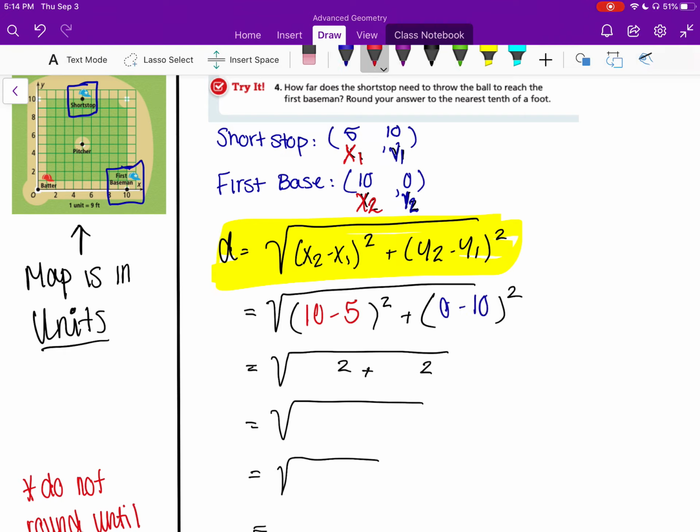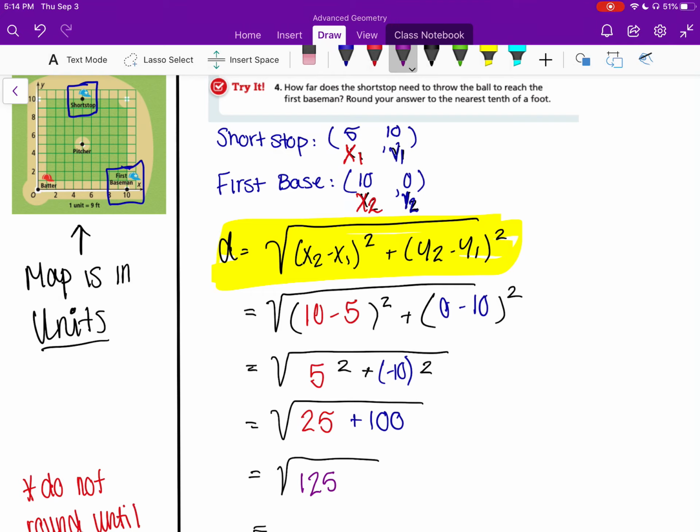Let's do those calculations. 10 minus 5 would leave me with 5 squared. 0 minus 10 would leave me with a negative 10 squared. So now we have the square root of 5 squared plus negative 10 squared. 5 squared is 25. Negative 10 squared, here's that perfect example. A negative times a negative is a positive, so that's actually 25 plus 100, positive 100. If we add those together, we are now evaluating the square root of 125.